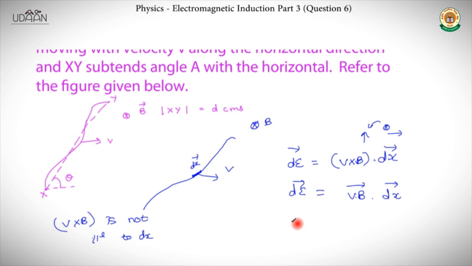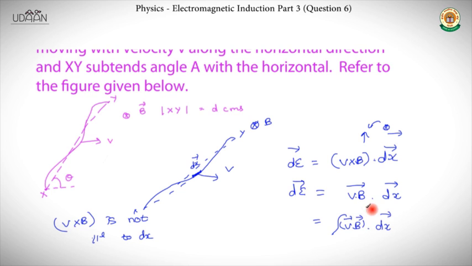Now I am going to integrate this over the length of the wire. I have given you the ends as x and y and the length of xy as d units. When I integrate, it will be (v cross b) dot dx.